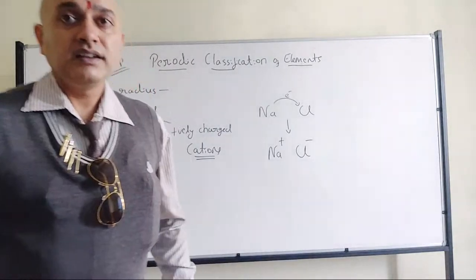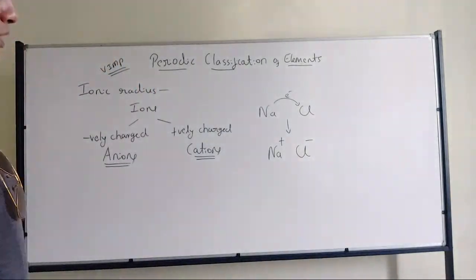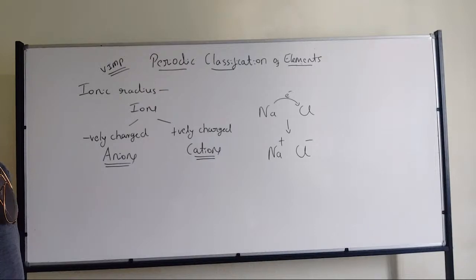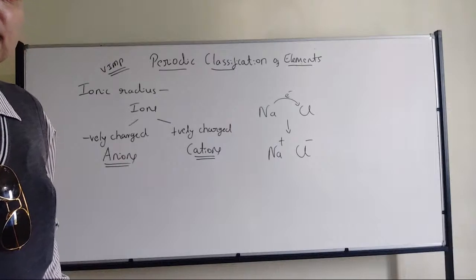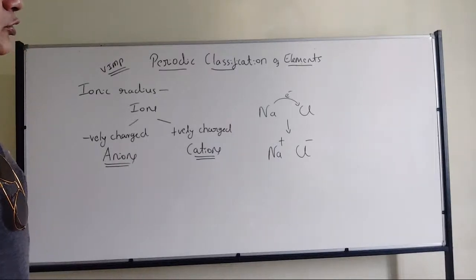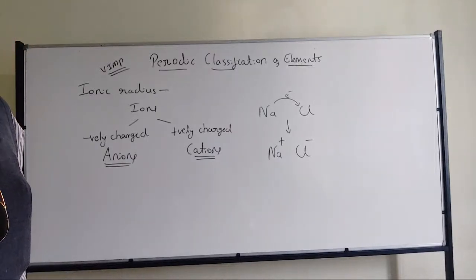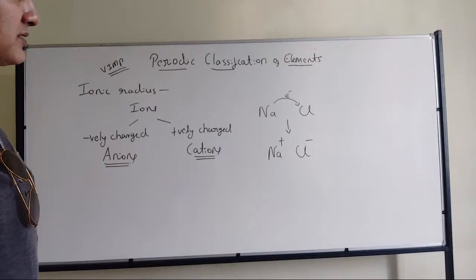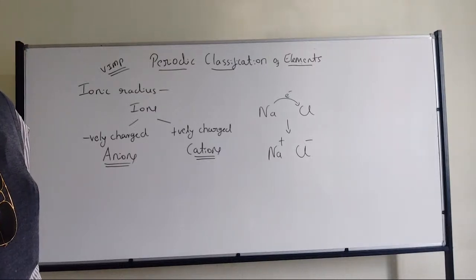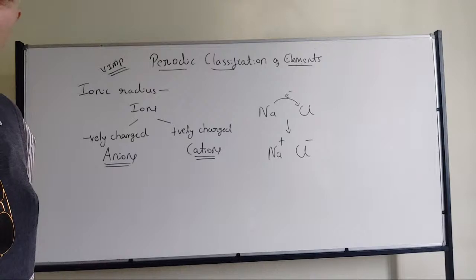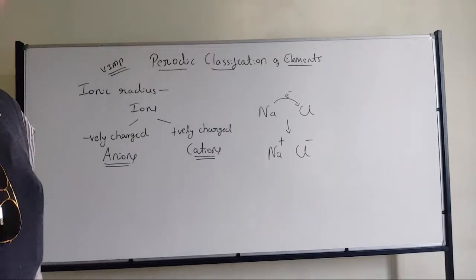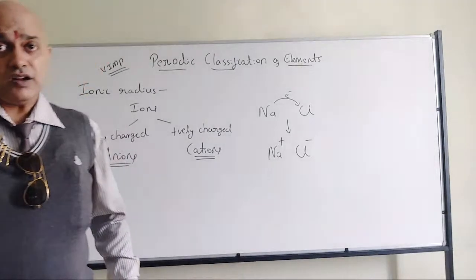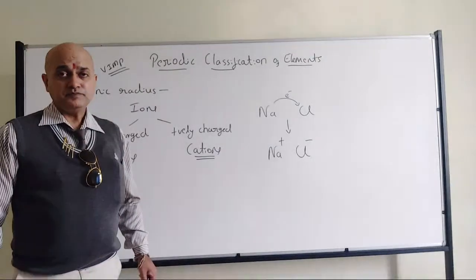Sodium and chlorine, both are atoms, no charge. When they come together, sodium donates its one electron to chlorine. So sodium becomes positive and chlorine becomes minus 1. Why one positive and one negative charge? Because only one electron is involved.